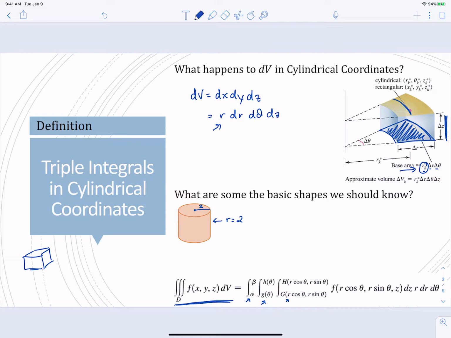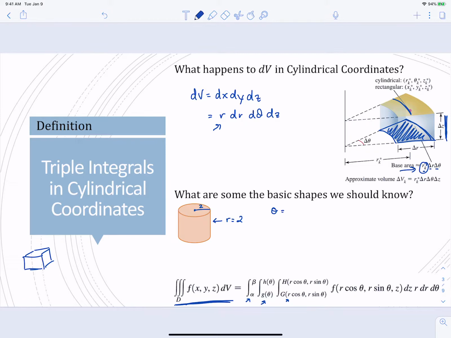That would be an infinite cylinder. It's got infinite height both ways, but normally we cap the height somewhere, at z equals 5 or something, and usually we cap it so that z is not negative. This is how we talk about a cylinder. We could also have a hollow cylinder, so r could go from 1 to 2. This one here would be going from 0 to 2.